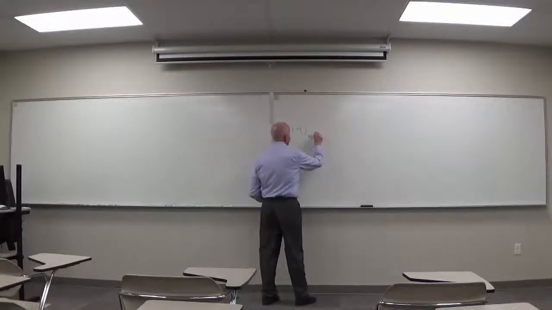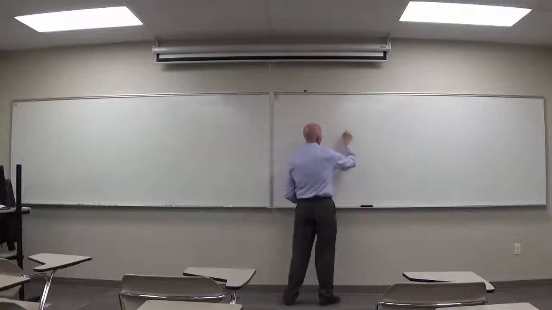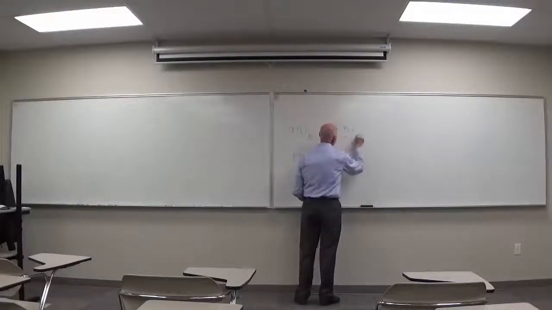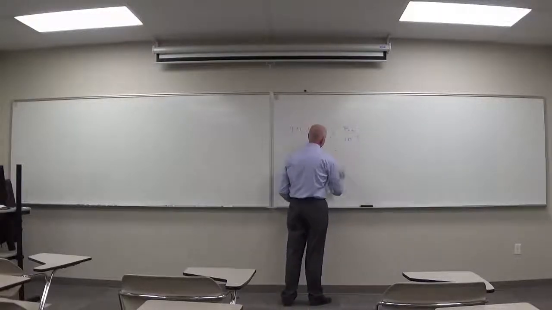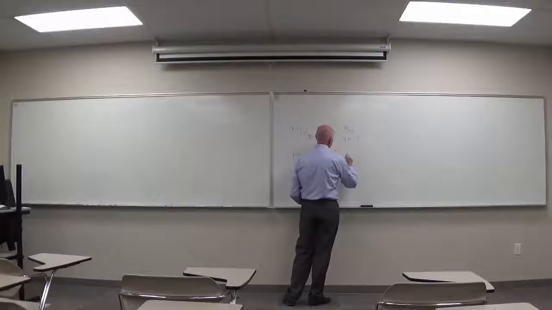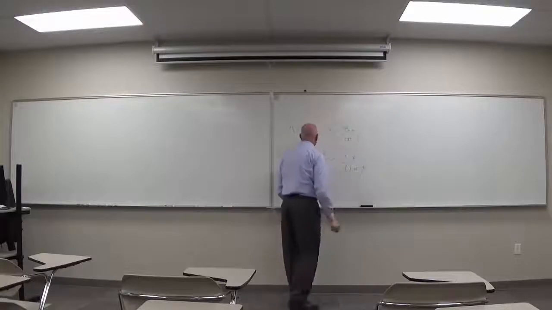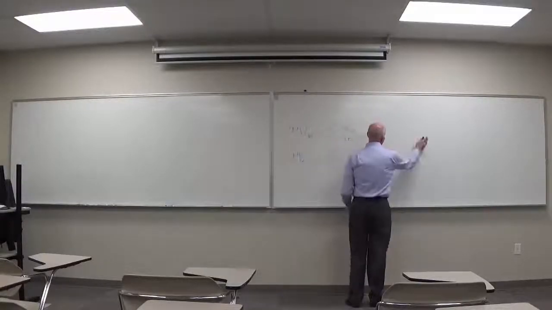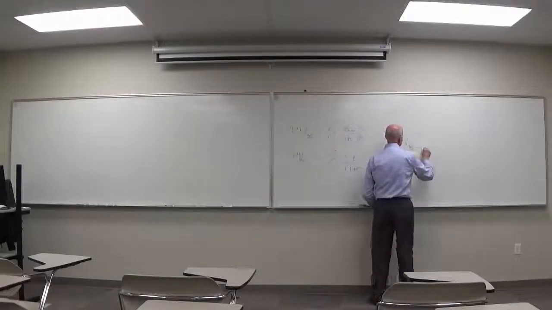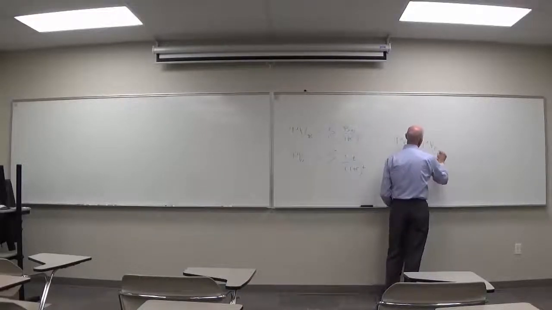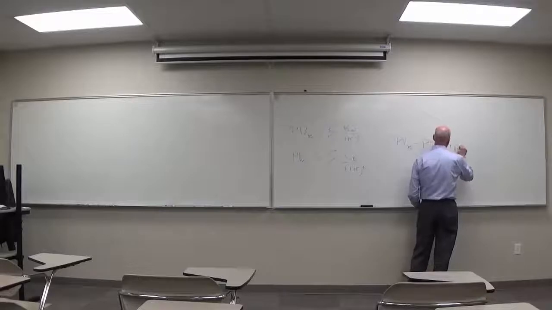The present value of the benefits is the sum of the benefits at times t divided by 1 plus some discount rate to the t, and the present value of the cost is the sum of the costs at times t divided by 1 plus a discount rate to the t, such that the present value of the benefit minus the present value of the cost is the net present value.